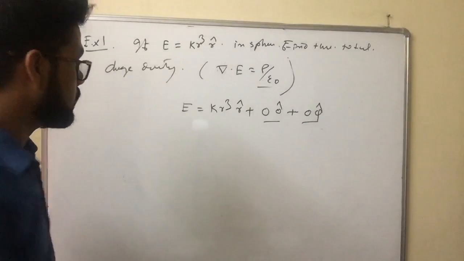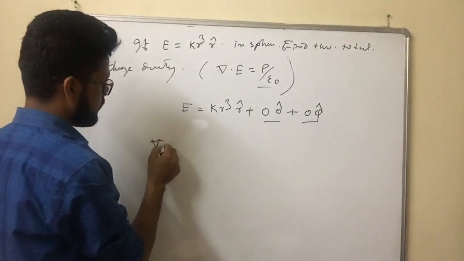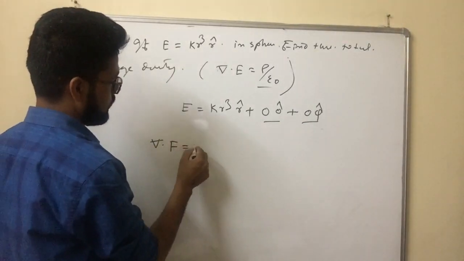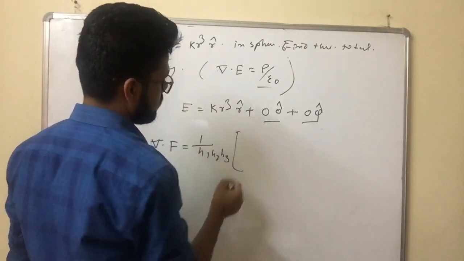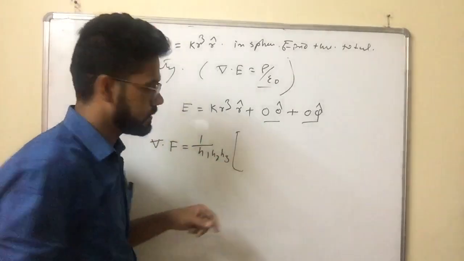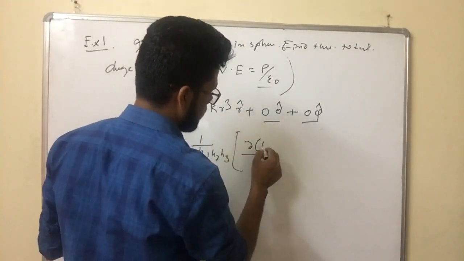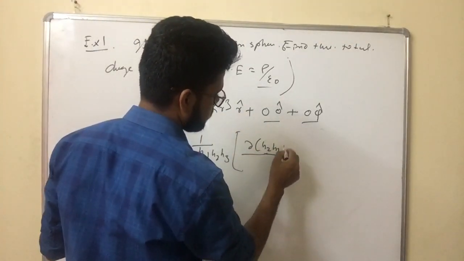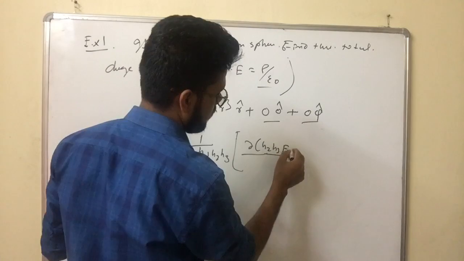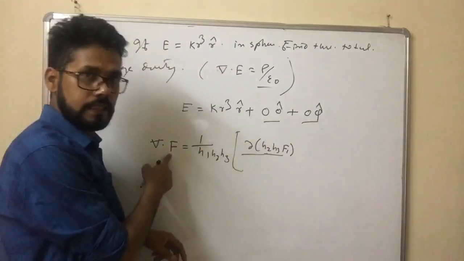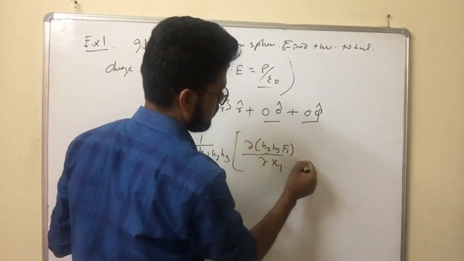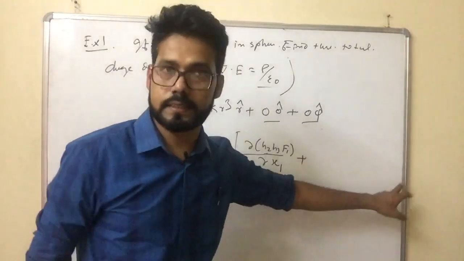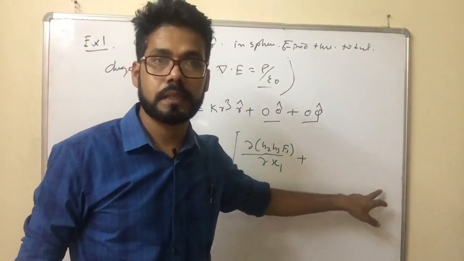Remember I have given the general formula, del dot F equal to 1 by h1 h2 h3. So the first term is related to r. First term, you remember, h2 h3 F1; if it is E, then it will be E1. Next term I am not going to write because it is a waste of my time.